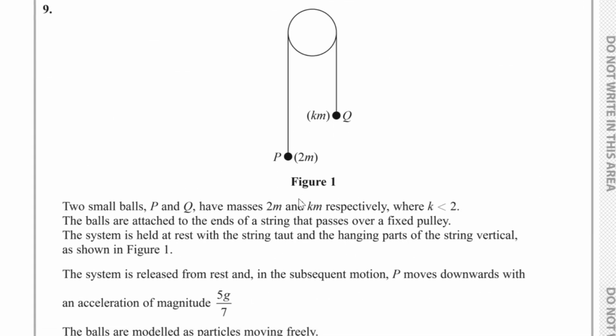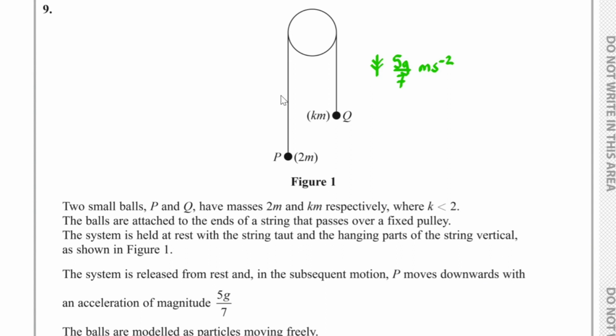Now, what we can do first of all is add on relevant information on our diagram. We've got the acceleration going downwards. So here we've got the acceleration is 5g/7 meters per second squared.